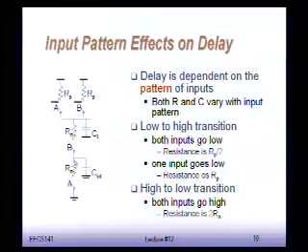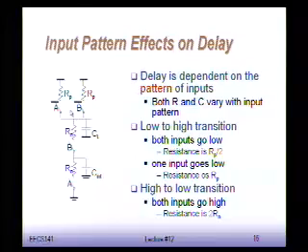So A and B were at 1, and now A and B both go together to ground simultaneously. What happens is that both this bottom switch down here, as well as this top switch up here, turn off. But also, both this left switch and this right switch turn on.